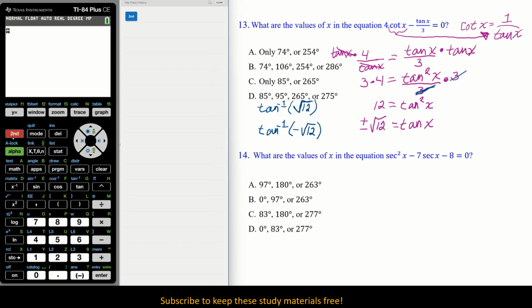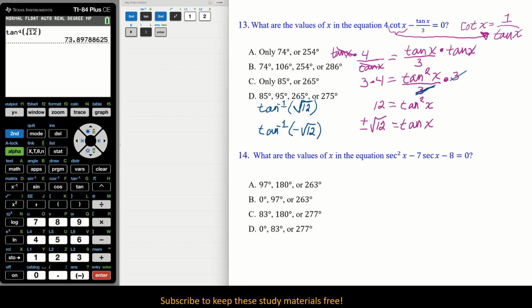All right, so second tangent, and let's do the positive first. Second radical 12, arrow over, close your parentheses, and push enter. Well, that's 73.9, which should be rounded, which makes sense, to 74 degrees. Okay, and this means we have 74 here, 74 here.